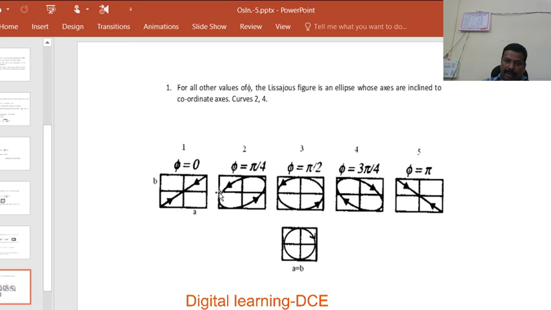This is an inclined ellipse that is inclined on the first and third quadrant, and this case may be inclined on the second and fourth quadrant. These types of ellipses are observed. These are the possible cases of different Lissajous figures. The nature of these figures depends upon the value of phi along with the amplitudes a and b.